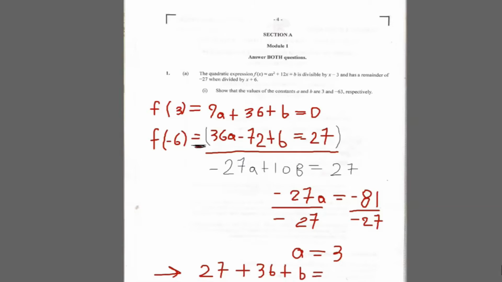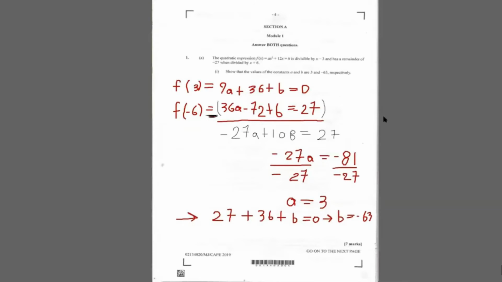And so 27 plus 36 is 63, so if you bring it over, b must be negative 63. This is an easy question. So b is negative 63. Nice and easy. Nice first question, nothing too hard. And they're giving 7 marks just to do that.